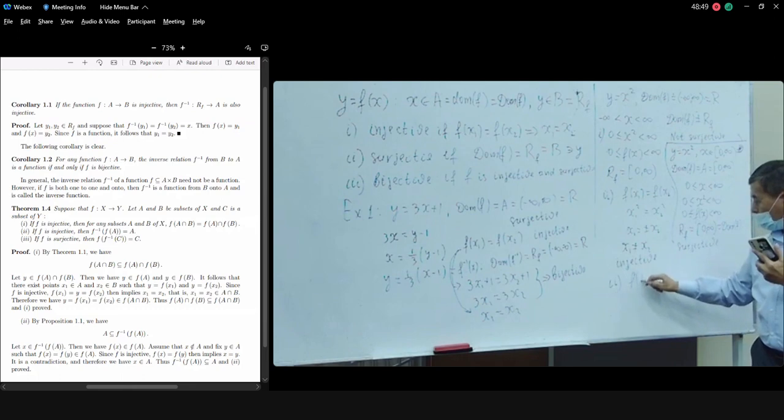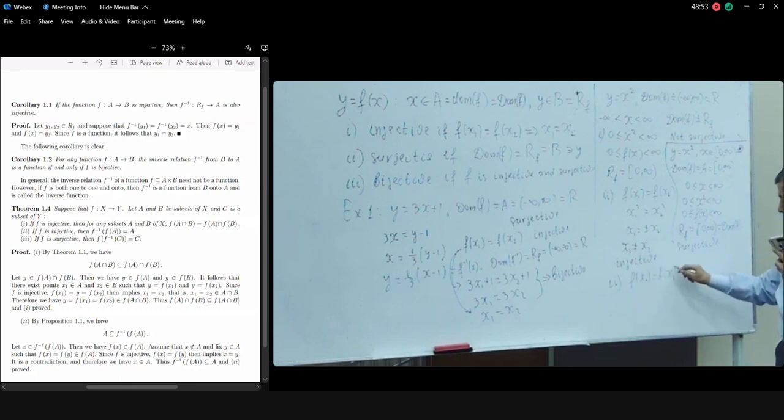f of x1 equal to f of x2, which implies x1 square equal to x2 square, implies x1 equal to x2. Why? Because x1, x2 are here. If it is positive, the square is also positive.